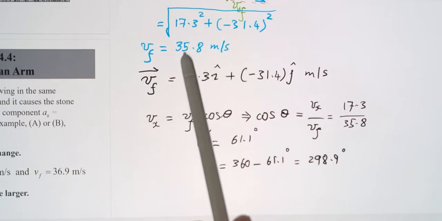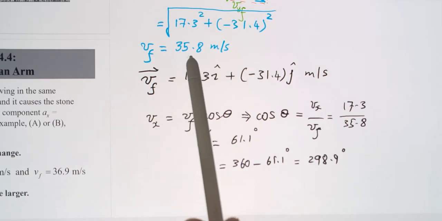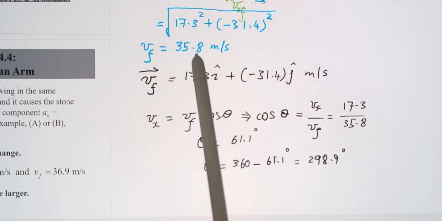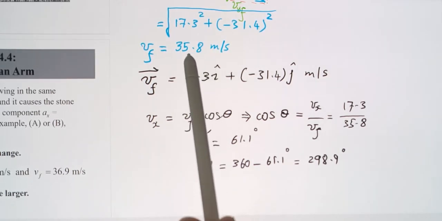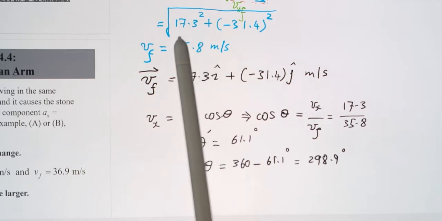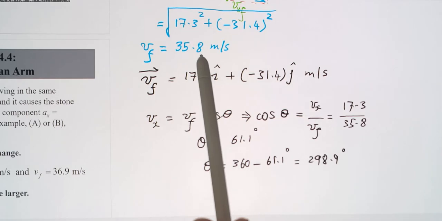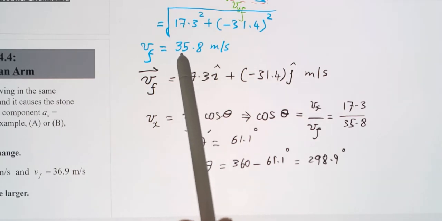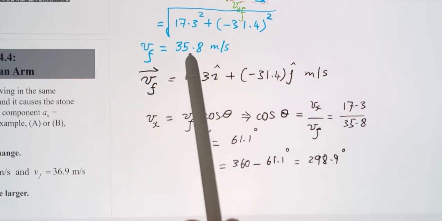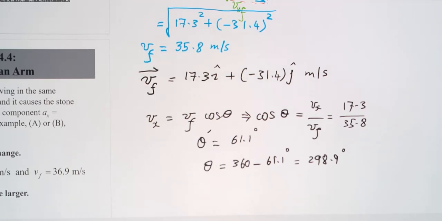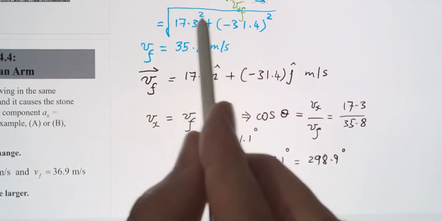In the exam, when you solve a problem by hand, the answer is 35.8. Suppose you did a mistake and the answer was 34.1. So the deduction will be small. Why? Because I know that you did everything right.